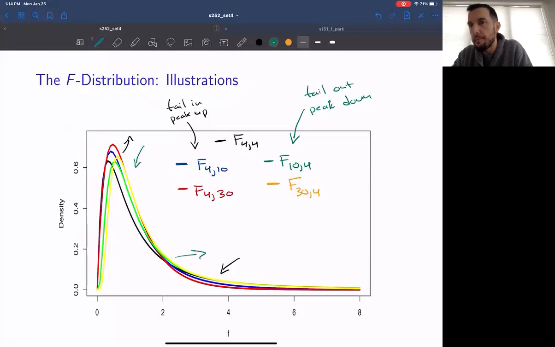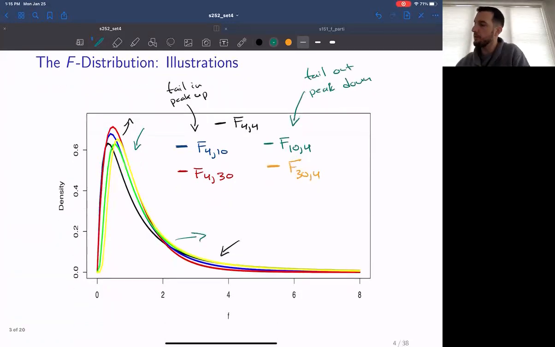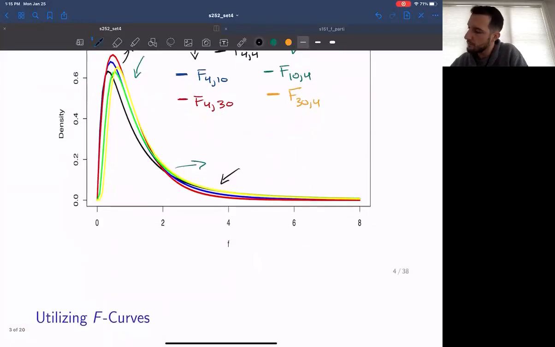Now you can see that in this situation, we have a right skewed distribution, which means that the symmetry tricks that we can utilize for the standard normal and the student T distribution no longer apply. But, depending on how you look at it, one of the nice things about working with an F curve is that you always test in the skewed tail. So all of our hypothesis tests are going to be performed here.